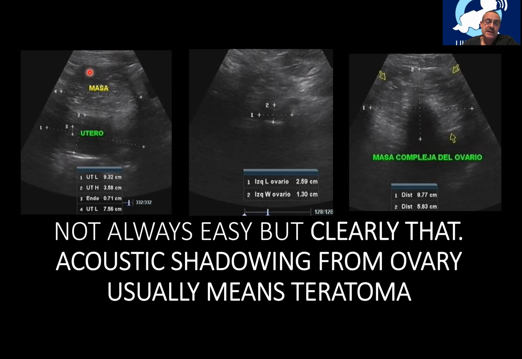If you pass through here in a rush, you can infer that this is intestine, and it's not. That's an ovarian anterouterine mass. This is the uterus. And this is on the right ovary because the left ovary is normal.